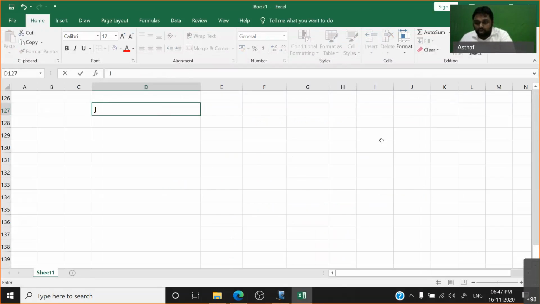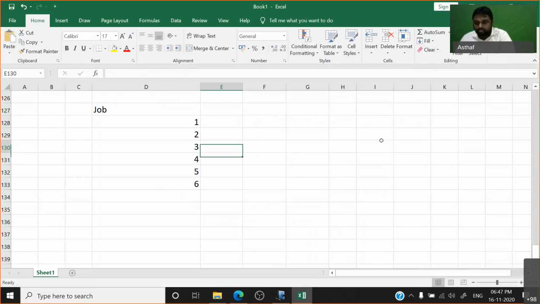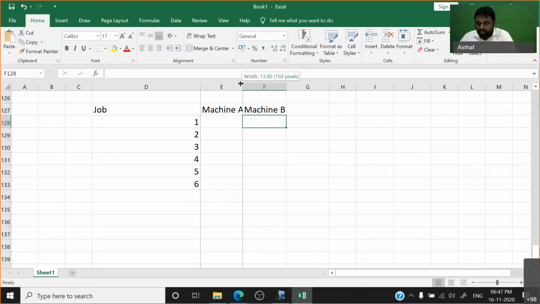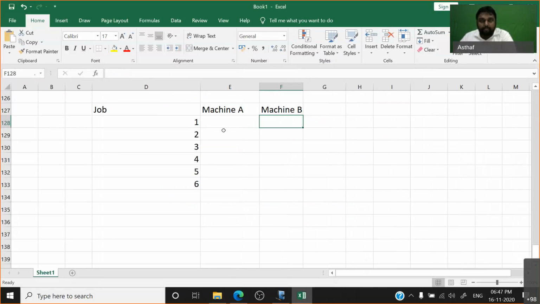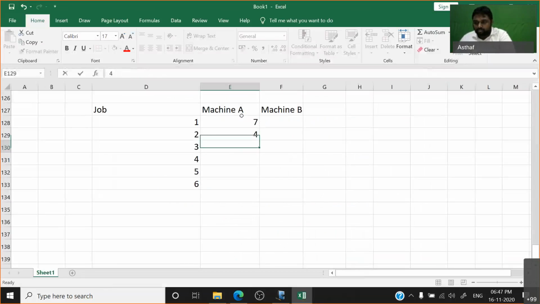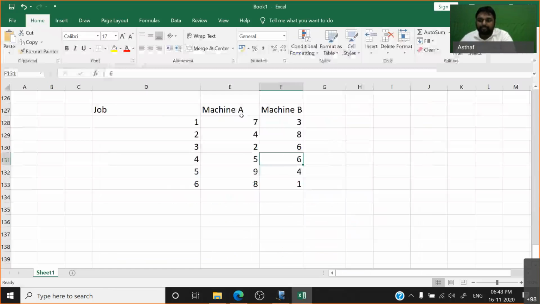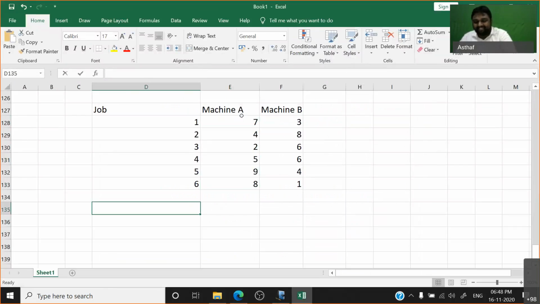So job, machine A, machine B. Okay, the sequence we are discussing is very interesting. See how we will get the sequence now.